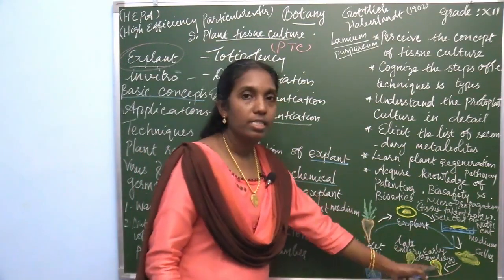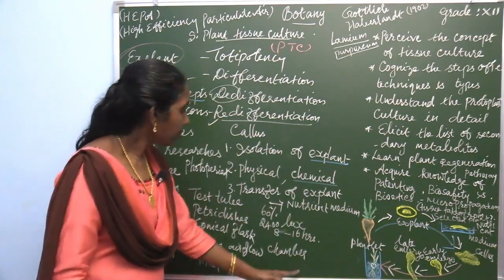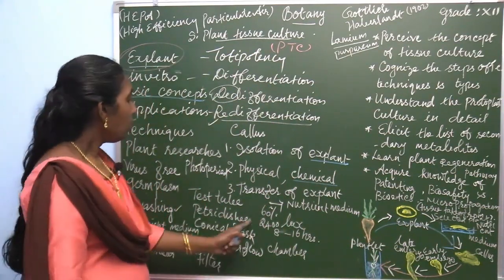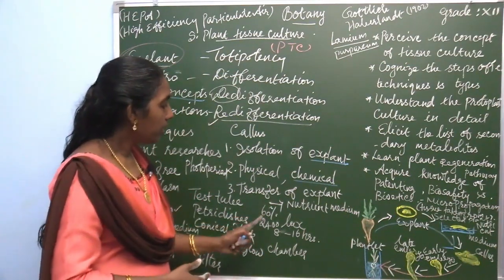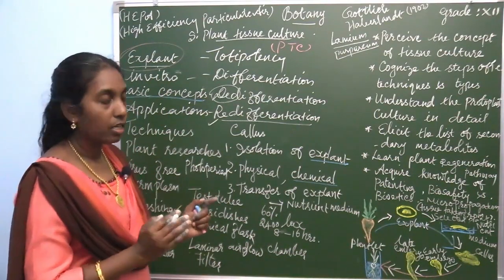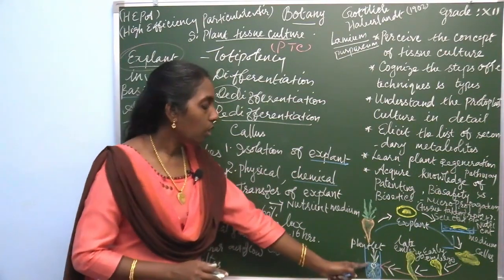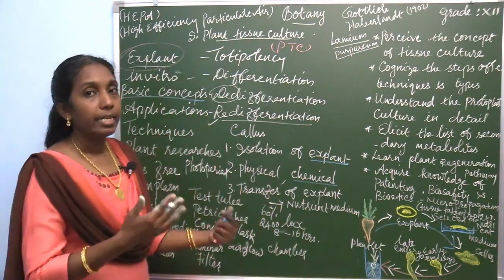So these facilities can be provided, and the photo period, humidity, intensity of light and a particular temperature can be provided to grow it as the entire plant.